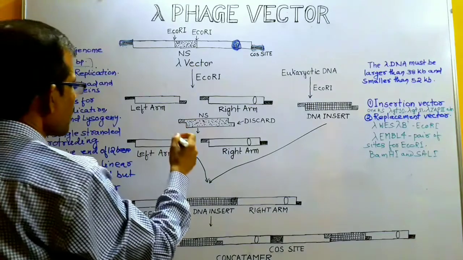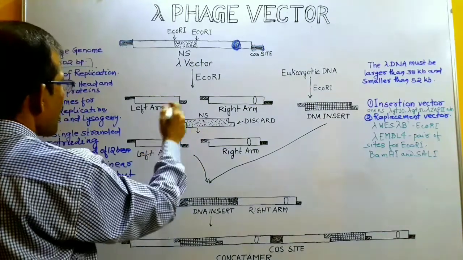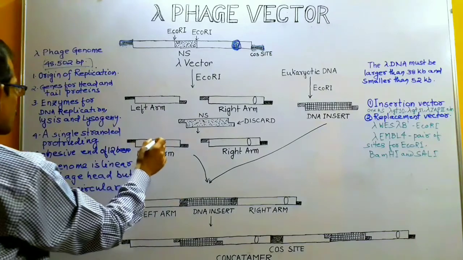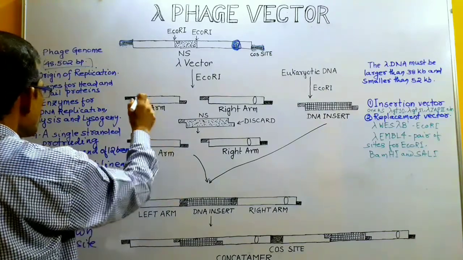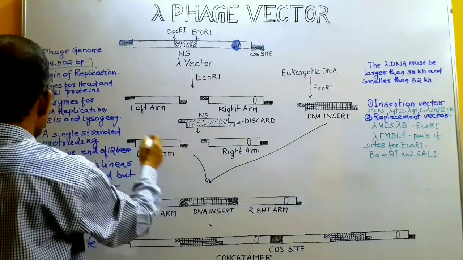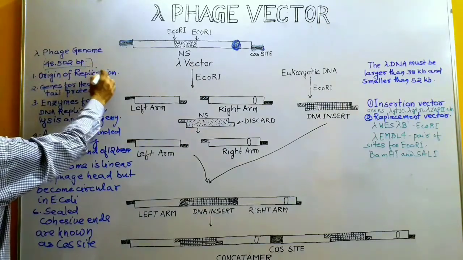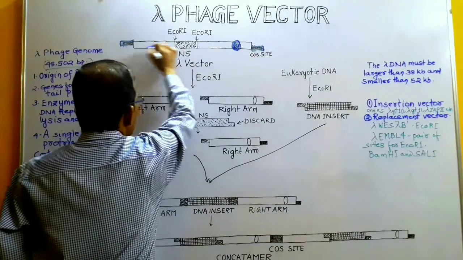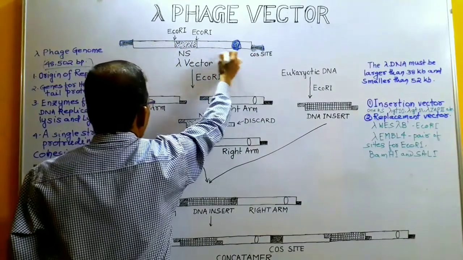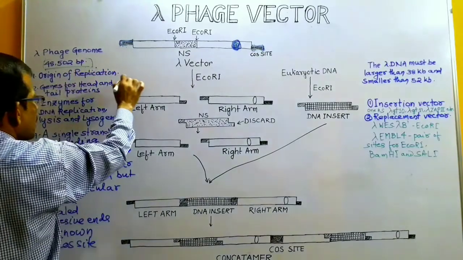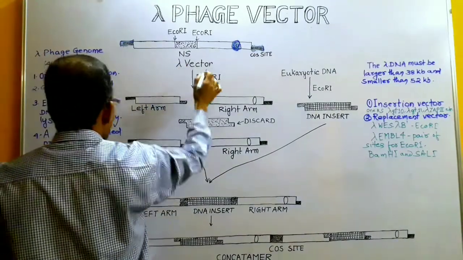Lambda phage vector is derived from Lambda phage, which is a bacteriophage, and the genome of the Lambda phage contains 48,502 base pair.